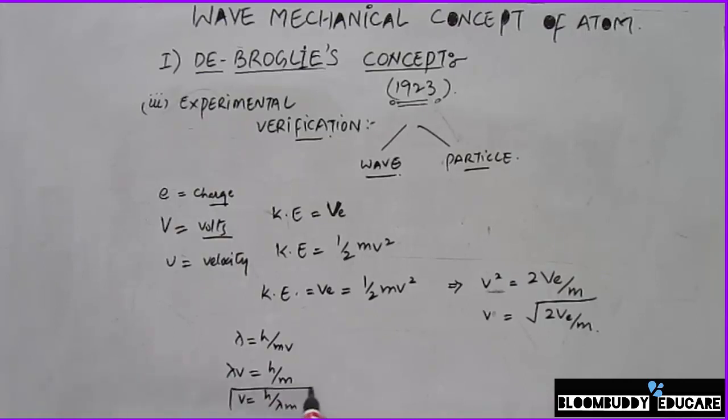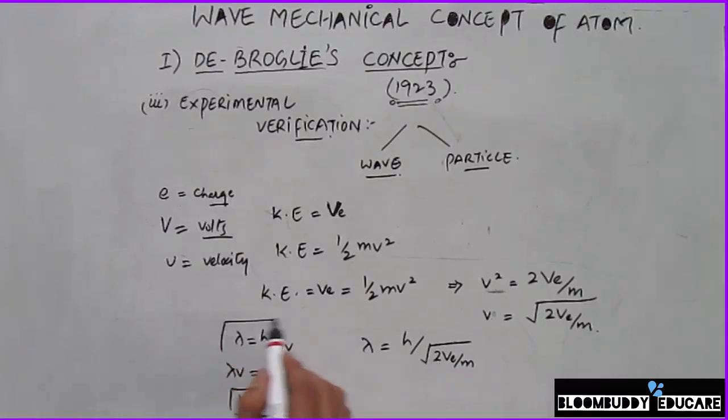So if I calculate the value of V from de Broglie's equation and put that value somewhere here, at that point the lambda is going to be equal to h by under root 2 VE by m. So I'm putting the value of this V in the equation of the de Broglie.